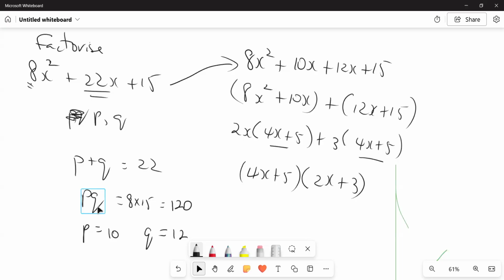So PQ must be equal to that coefficient 8 multiplied by 15, which gives you 120. Good.